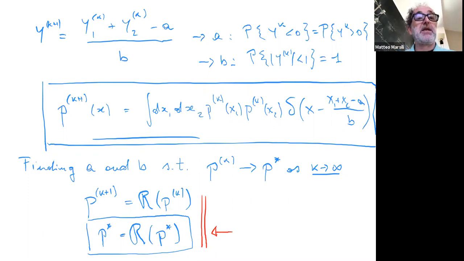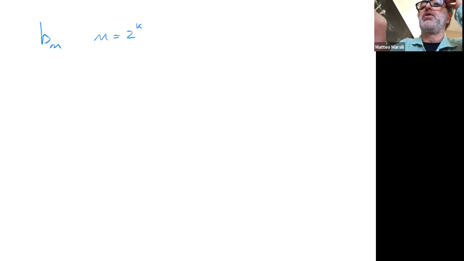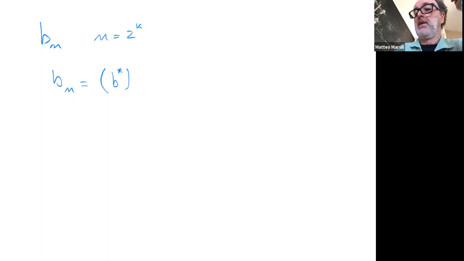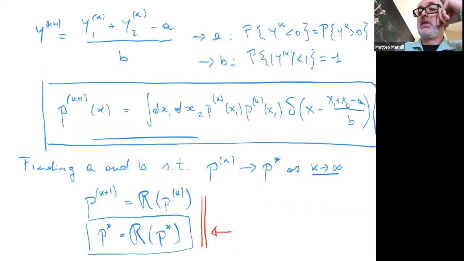The second thing that you notice is, if you look at what should be your value of Bn when you perform k of this transformation where you group two variables, then Bn should be the product of this B star, which is the value that corresponds to the solution of the fixed point.